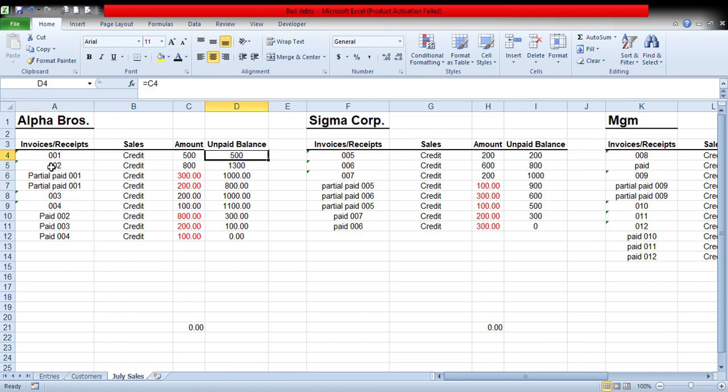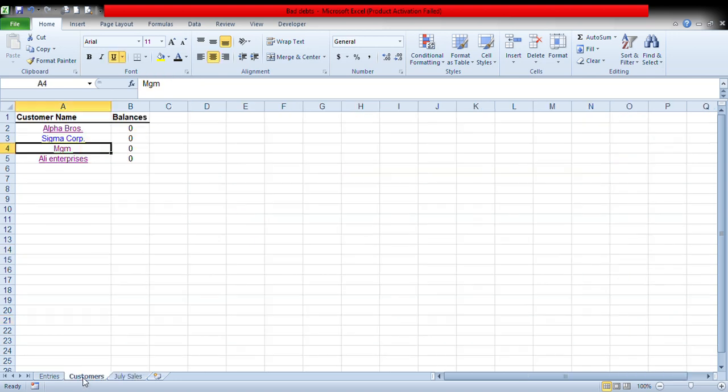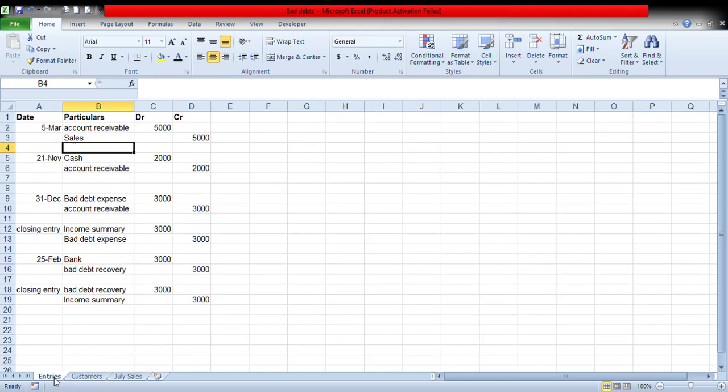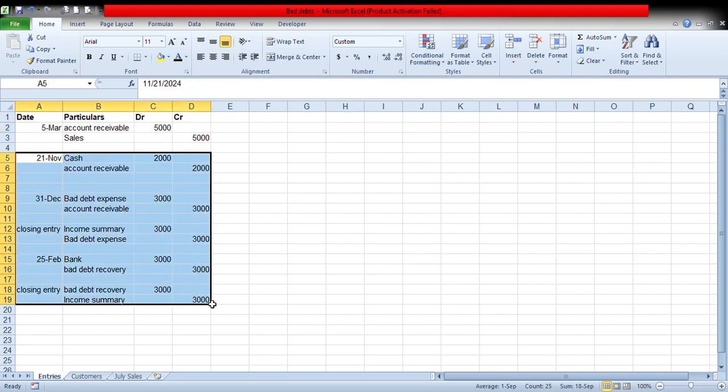What I did is I just link this balance, which is 0, with this. You understand the concept, right?